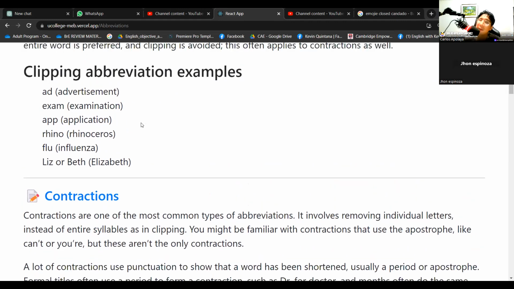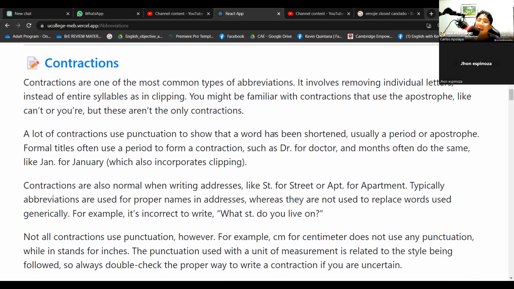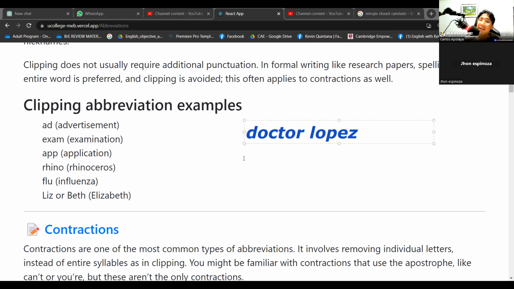But contraction is different. Contraction is similar to clipping, but you need to use the period. For example, in our country, in Peru, we have the word Dr. Lopez, right? When we clip the word, we say, for example, Doc Lopez, right? Doc, because we don't say doctor because we are lazy.